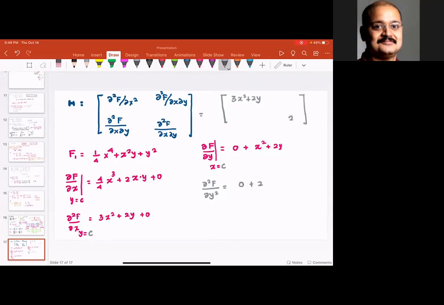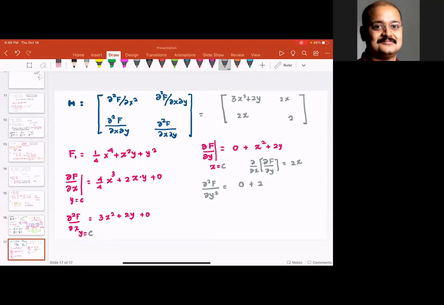And now here you can take df by dy and do it with dx, and this will become 2x. So this becomes the Hessian. Everyone understood this?